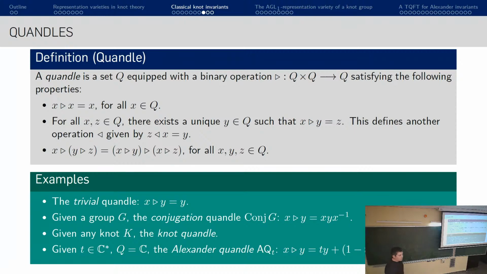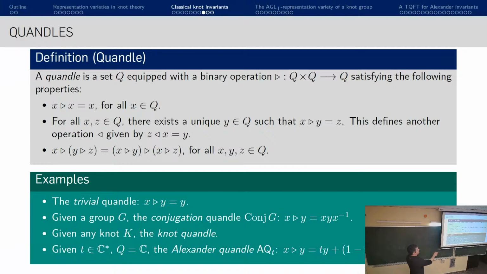Let's jump into the examples. For those of you who have never heard about quandles, the thing to keep in mind is that a quandle is a way to codify the main and core properties satisfied by conjugation. So if you pick a group and you forget about the group structure, about all possible products, and you restrict yourself to conjugations, the quandle operation x acting on y is x conjugating y.